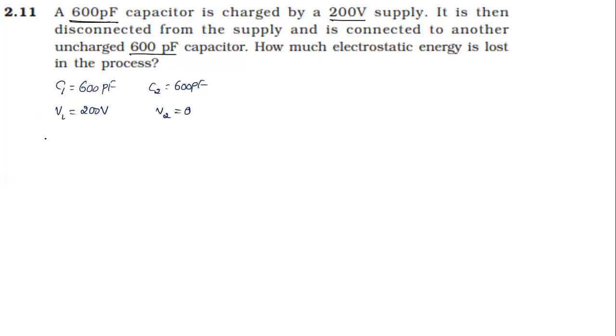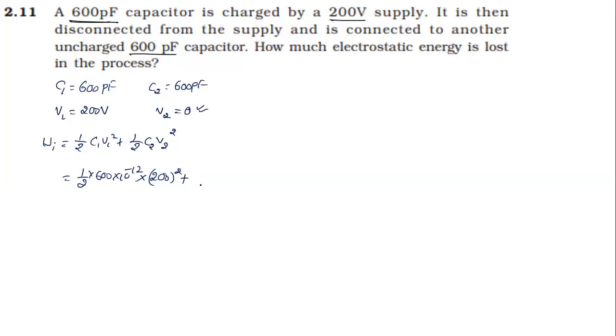Okay, initial energy stored here, Ui, equal to energy stored in these two capacitors, right? Half C1 V1 square plus half C2 V2 square. That is the initial energy stored. So half C1 is 600 into 10 power minus 12 into V1, 200 square, plus the C2 part, I'm not going to write now because V2 is 0.